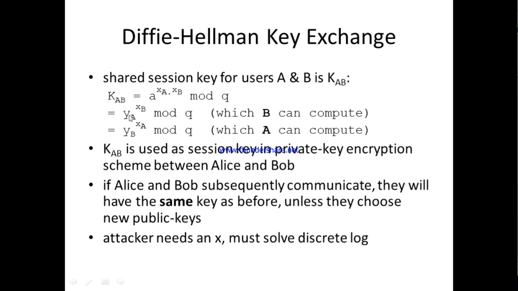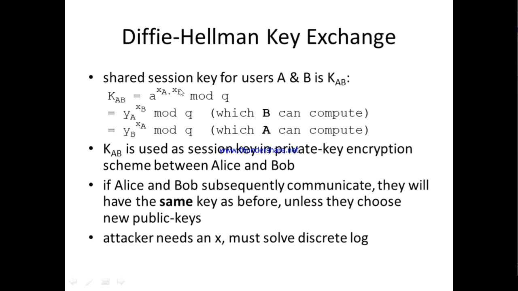So this A power XA XB mod Q is equal to YA power XB mod Q and YB power XA mod Q. So this KAB will be generated at both parties A and B, and the value will be the same.